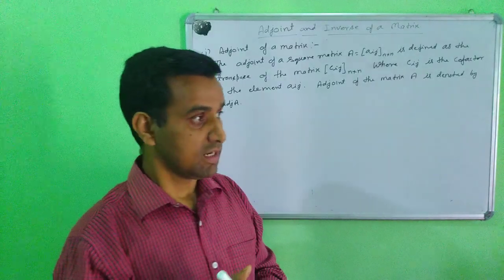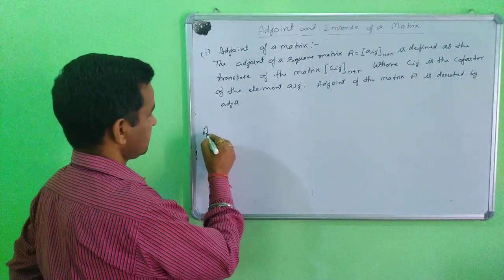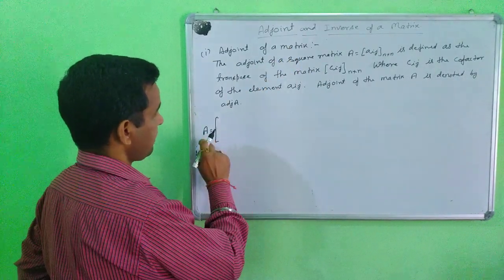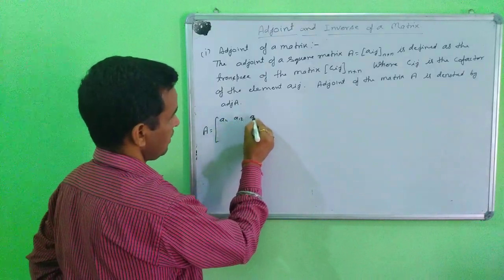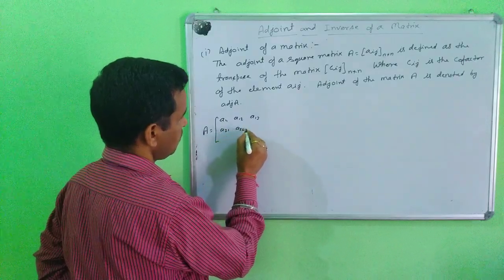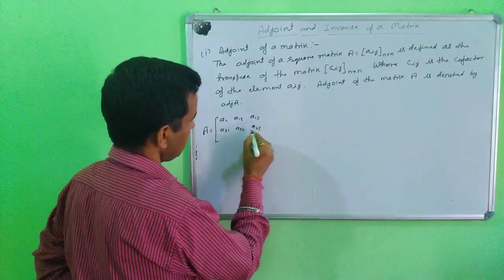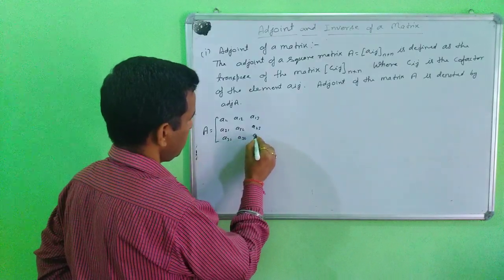Now understand this question. Let this be any matrix A: a11, a12, a13, a21, a22, a23, a31, a32, a33.